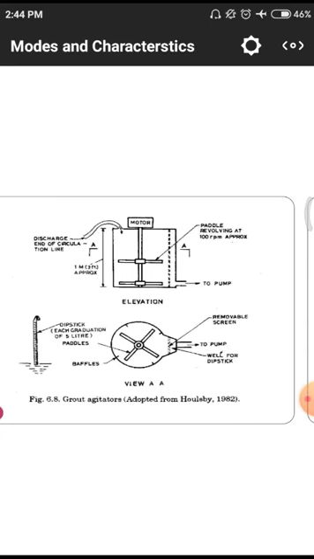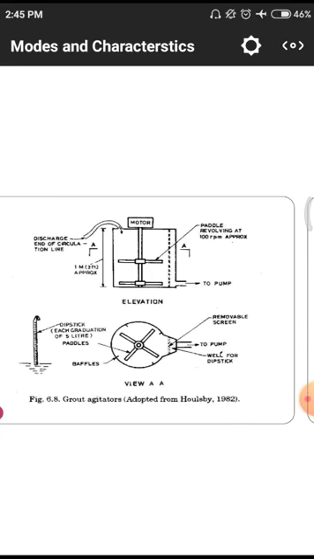Here also, it is the top view of a particular diagram. View AA means on the portion AA they have cut the diagram and are showing it. And a removable screen is there.